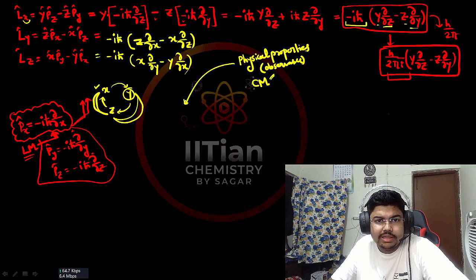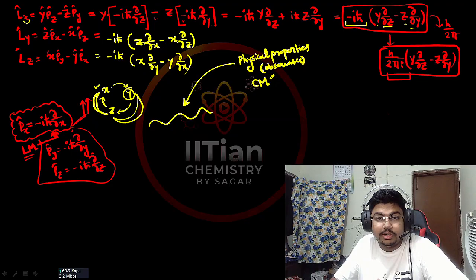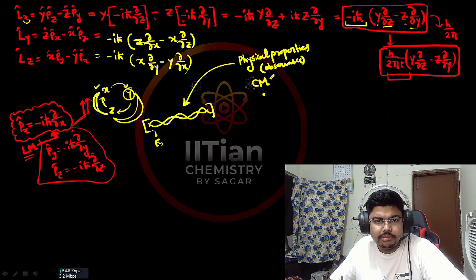But in the quantum mechanical world, if a particle is behaving as a wave, in classical mechanics it is basically a particle, and in quantum mechanics it is behaving as a wave. In this wave, it is basically the same thing, but it will also have some energy, some position, some momentum.